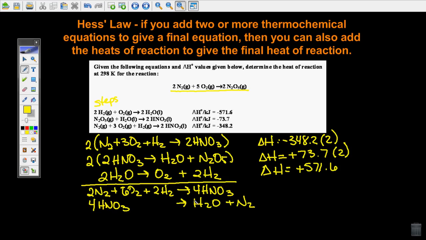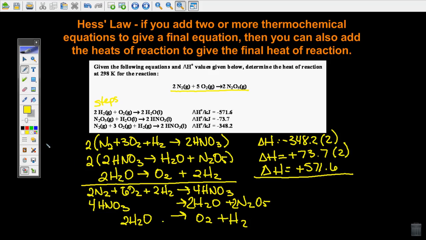N2, I'm multiplying by 2, I forgot. O5. Alright, and then I've got 2H2O plus O2 gives me, no, that's not right either. Geez, I can't copy these things right. Okay, so H2O yields O2 plus H2. These I'm going to add up later.